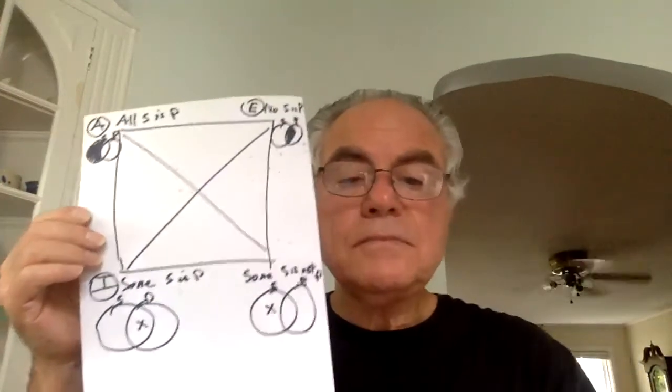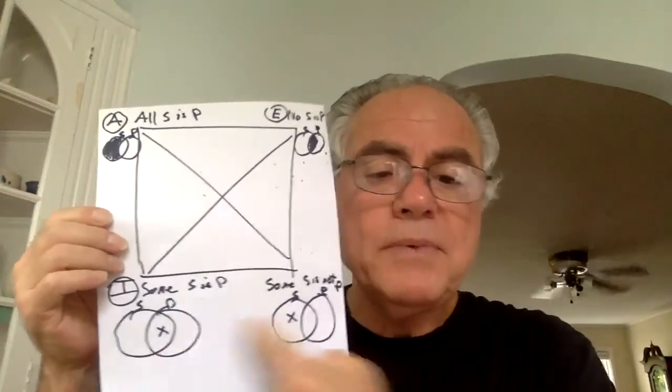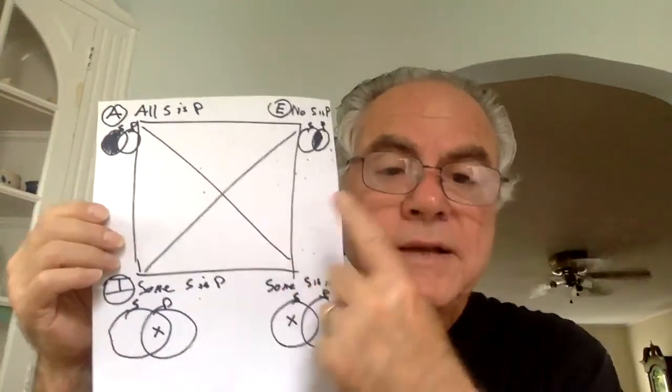Now, why am I making little X's there with the I and O propositions and not crossing things out? And this is important. There's a big debate in logic, but most logicians agree that only I and O propositions have existential import. Now, the word existential can mean all kinds of things in different contexts. The way logicians use existential import is literally, they mean it exists.